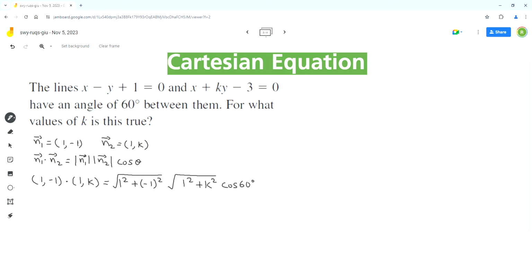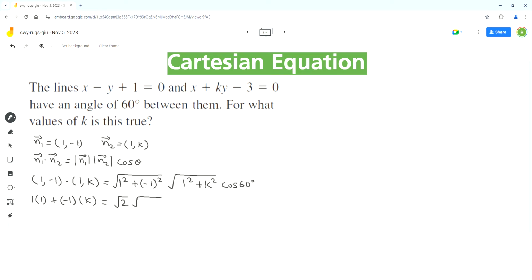Now we can do the dot product on the left side. We can multiply the x components and y components. On the right side, 1 square plus negative 1 square is equal to 1 plus 1, which is equal to 2.